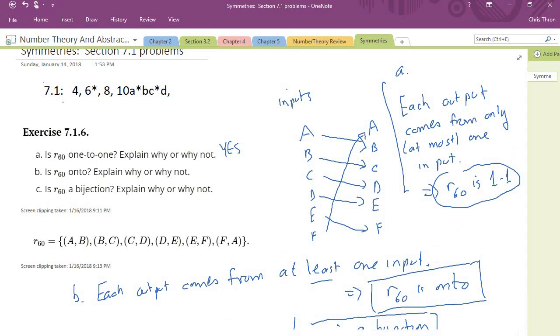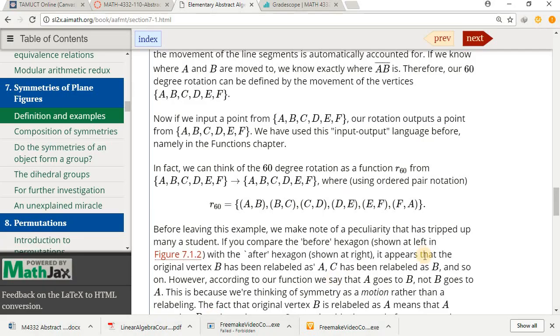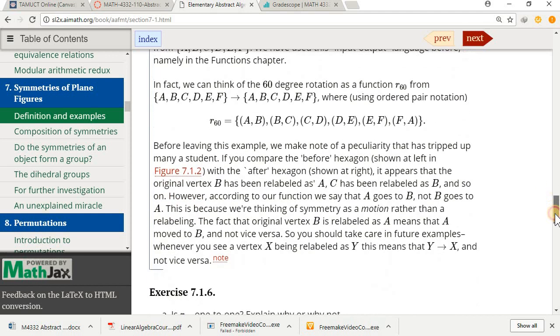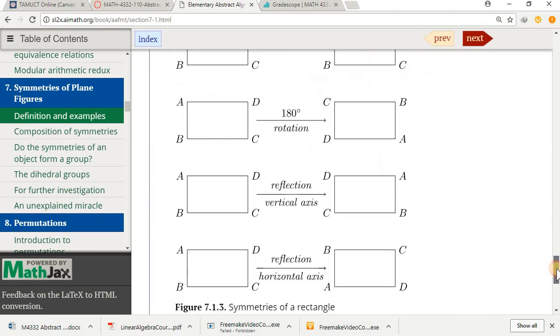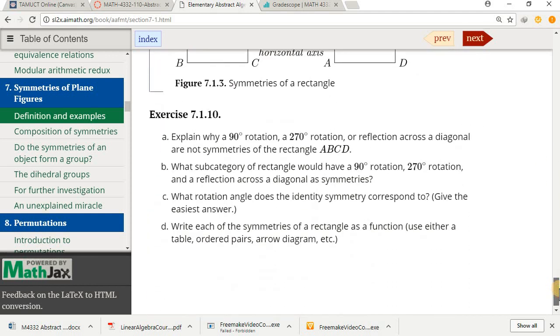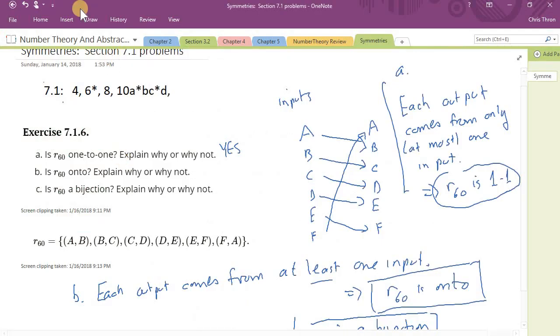Next problem is problem 10. So let me go there and see what we can do with that. I think I was only going to do certain parts of it, so let me snip it, and then we'll go back and look at the context.